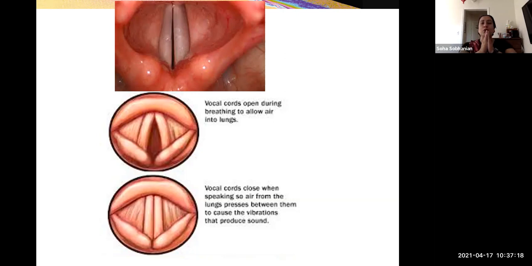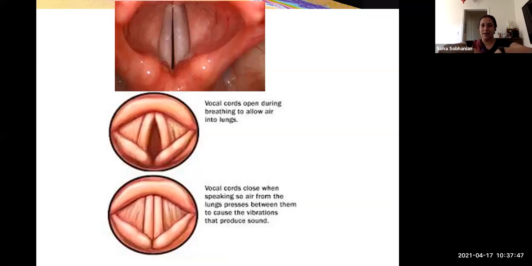When I want to talk, or create a sound or voice, pay attention to this, guys. I want my two vocal cords to be close together, like what you see on the top image. So I would have this tiny gap between my two vocal cords. They are almost in a closed position.